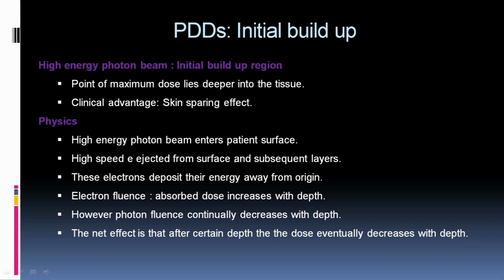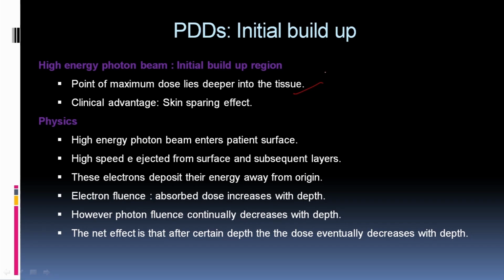With high energy photon beams, we have observed that there is an initial buildup region, and the point of maximum dose lies deeper in the tissue. So we get a clinical advantage while using the high energy photon beam. This is known as the skin sparing effect, meaning we can treat deep seated tumors without giving a higher dose to the skin.